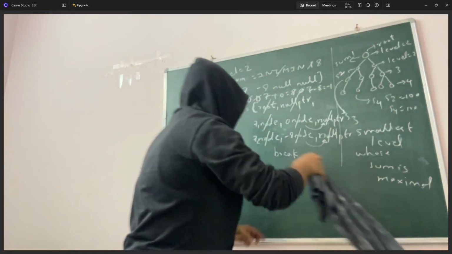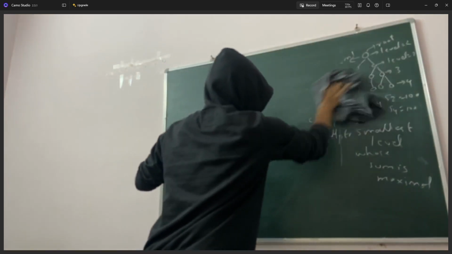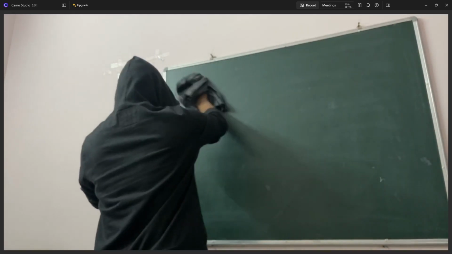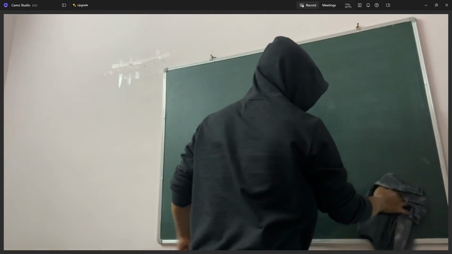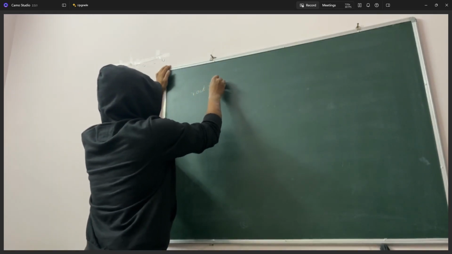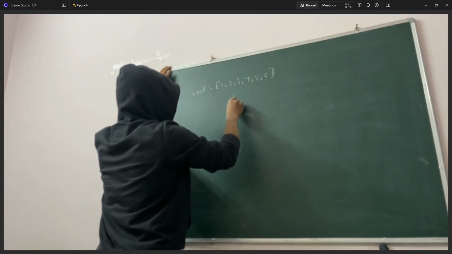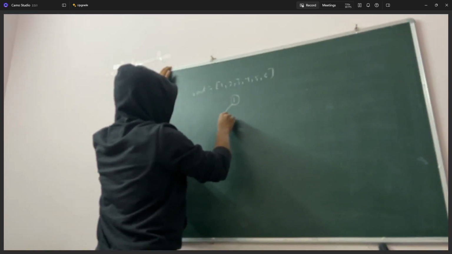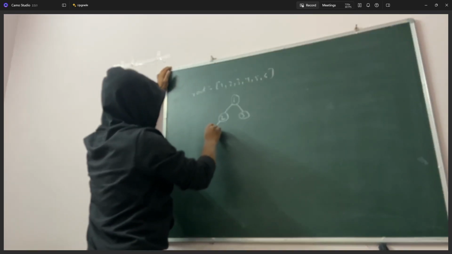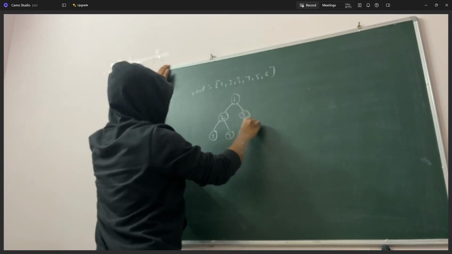So yeah, let me erase the board first. So in the question they've given 1, 2, 3, 4, 5, 6, which means 1 is the root, and basically we try to build it in a BFS way. This is 3, this is 4, this is 5, and this is 6.